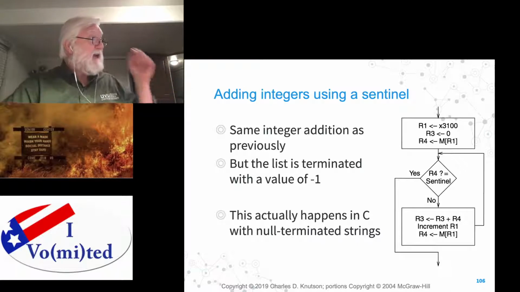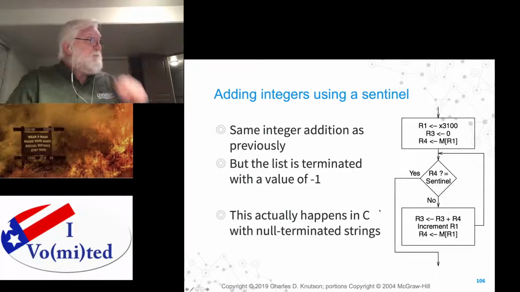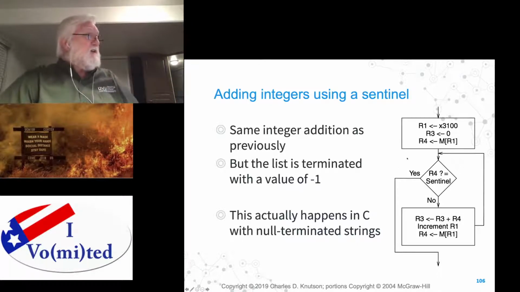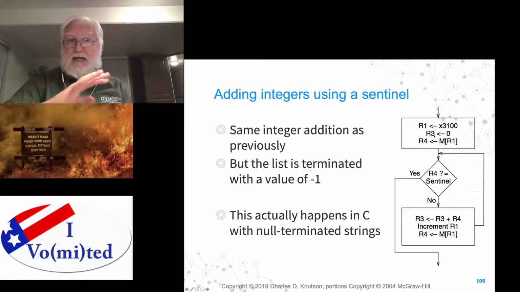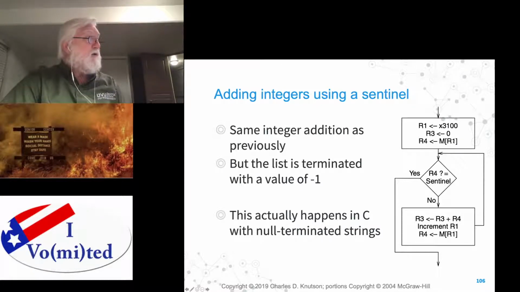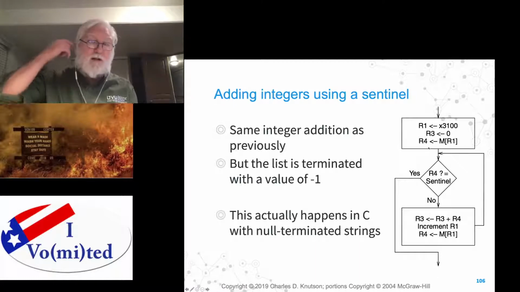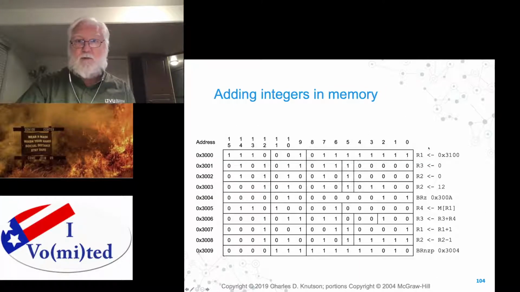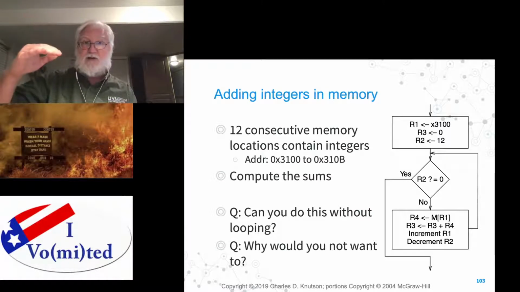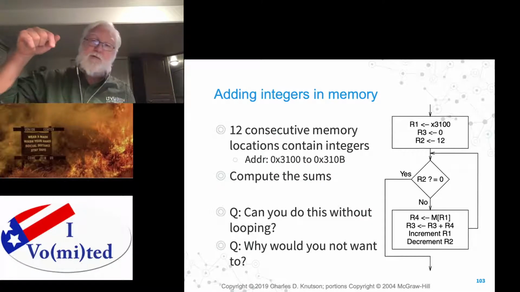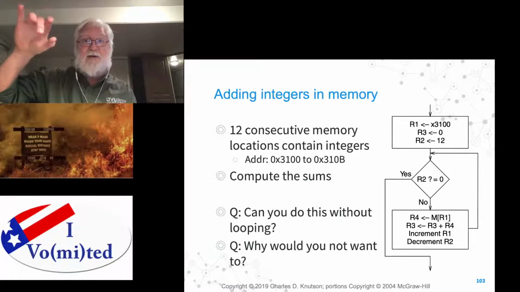Okay? So in that case, we would set it up very similarly. R1 points to the spot in memory where the first number is, and R3, which is the summation, gets set to 0. But then the last thing we do before the check is we pull the value out of that location in memory and we put it into R4. What we did on the previous example, if you would remember, is we were using R2 as the counter. So the last thing we did before the branch check was initialize the counter to be 12.